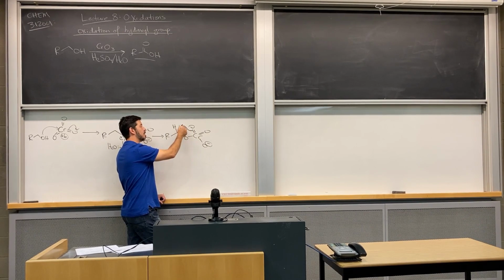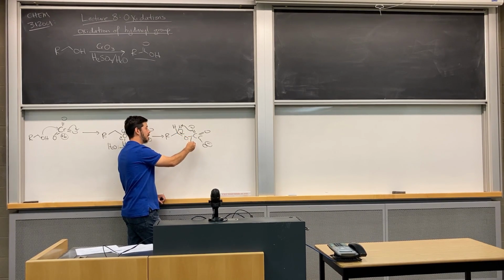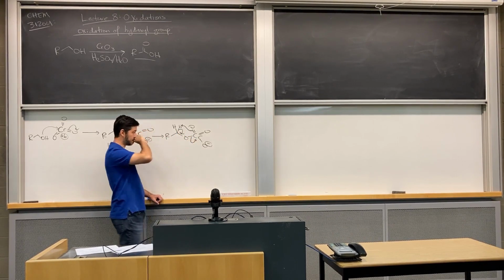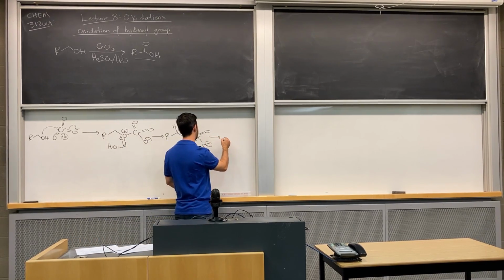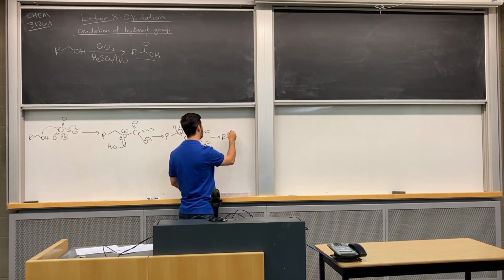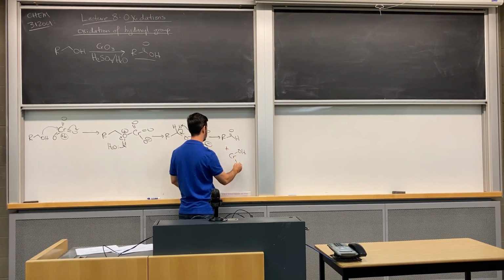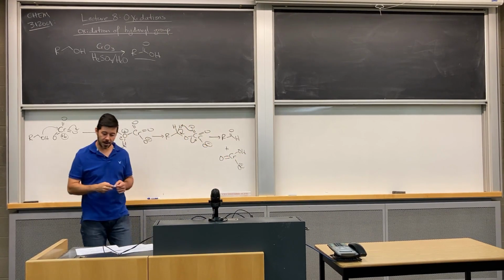It's going to come and pick up this proton here in an intramolecular fashion, form a double bond, and then you can break that oxygen chromium bond. So if you do that, you're now left with an aldehyde plus your chromium byproduct.